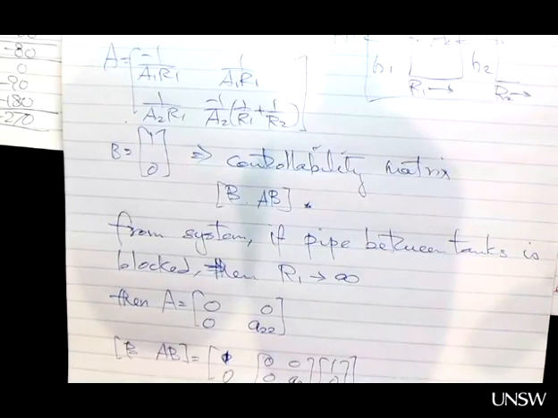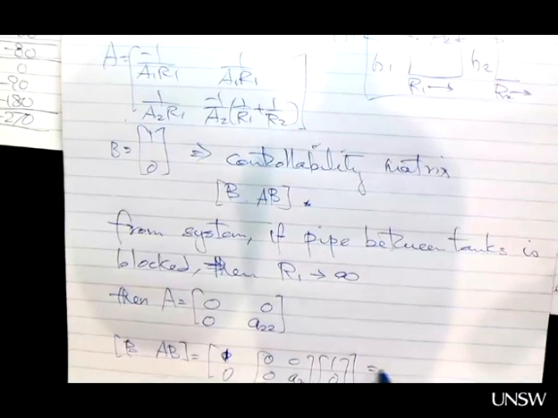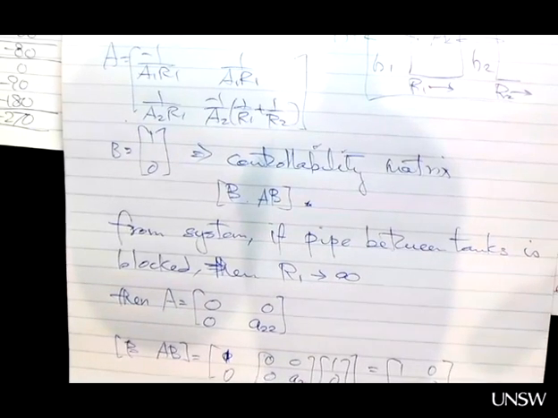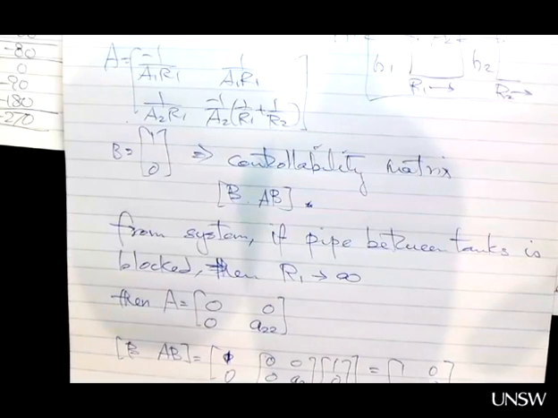So it is this one. And then the determinant of this matrix equals 1 times 0 minus 0 times 0 equals 0.